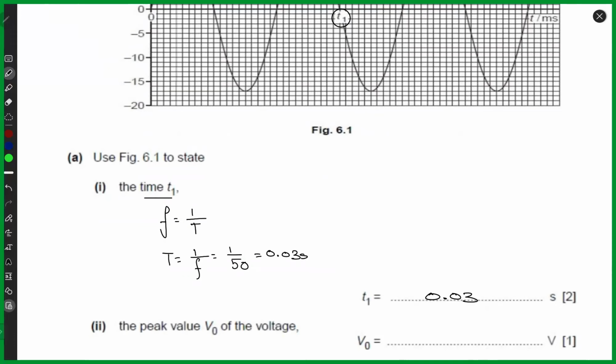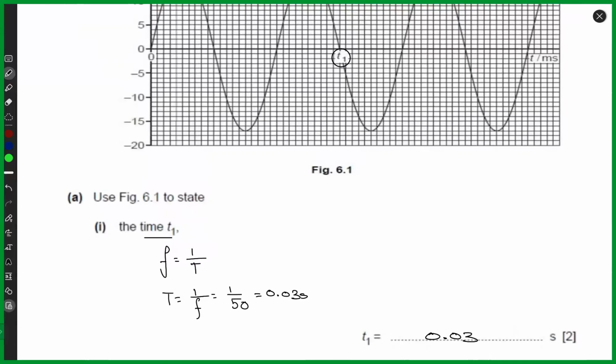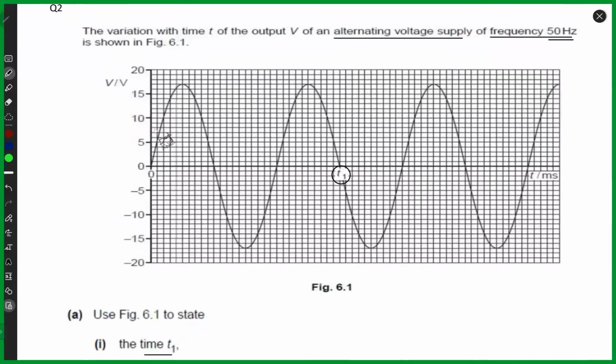Sir, I think there's one full oscillation and then a half. Oh, you mean this one? So this is 1, and then there is a half. Okay.